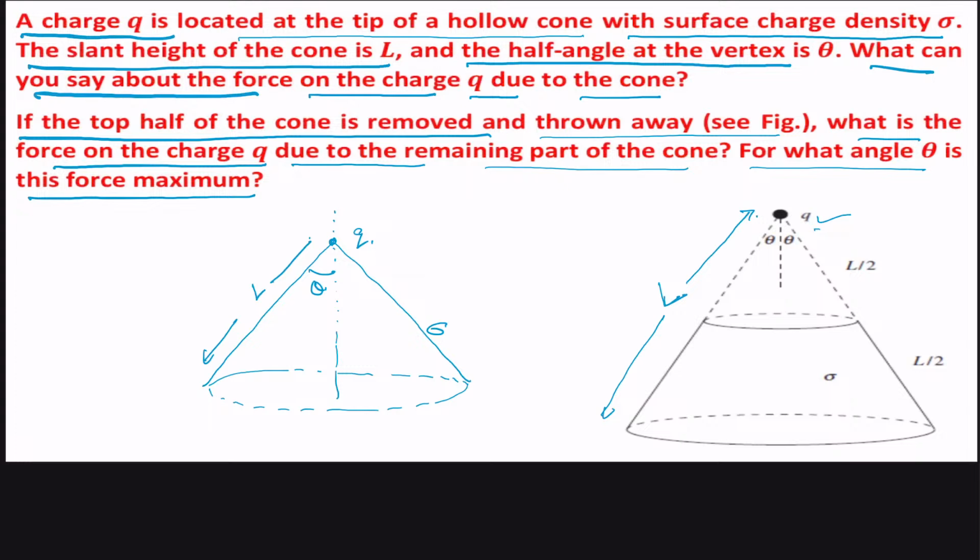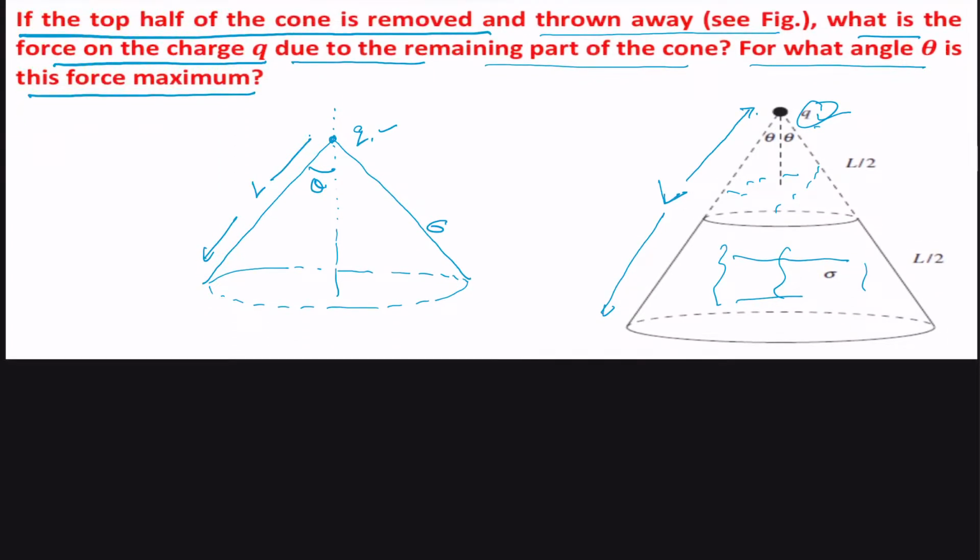So in the first part we have to find out the force at the charge Q because of this entire cone, and the second part says that the top half of the cone is removed. Only the bottom part is left, so we are going to find out the same force at the charge Q. Okay, so this is the basic question.